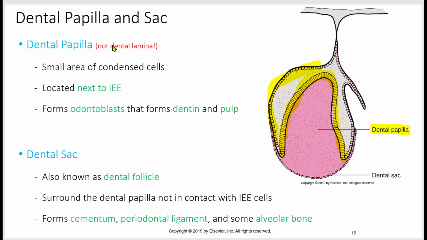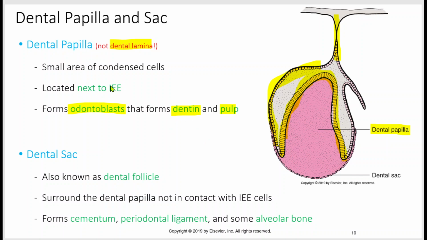And remember, it's not dental lamina. Dental lamina is the main thing that got all this started. Okay? The dental papilla is the one that actually makes the odontoblasts, which are the cells that make the dentin, and technically they would make the pulp, because that will be the hollow or the empty space surrounded by the dentin.